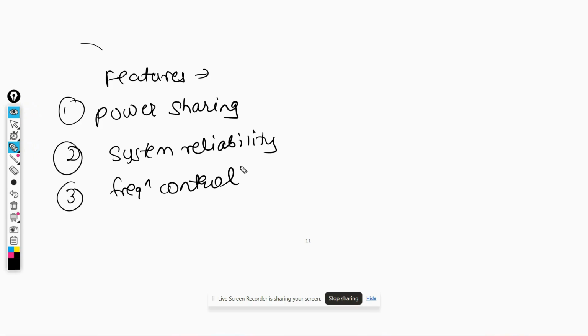Interconnected grid helps to maintain a stable frequency. Then the fourth feature was increased system stability. Since multiple generating stations work together, the entire system becomes more stable.